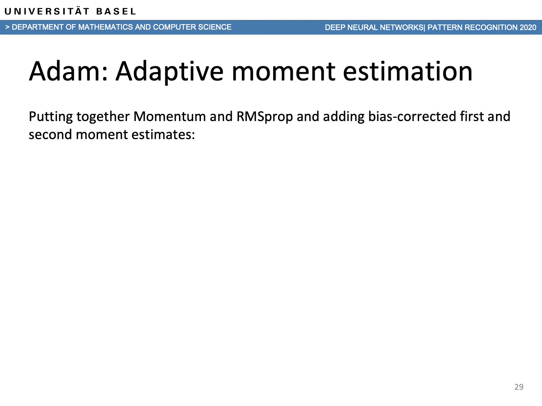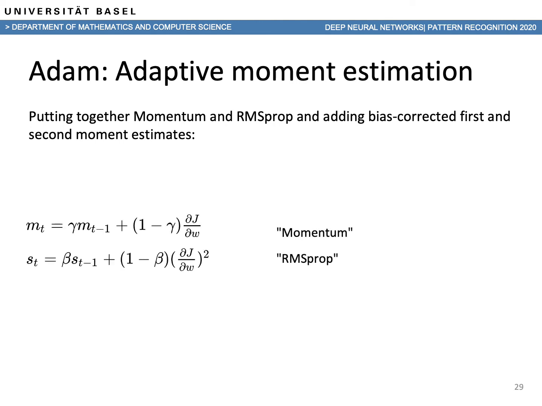Then we have Adam, which now tries to work on both the gradient and the learning rate. So it's essentially just putting together momentum and RMS prop, and it also adds some bias correction for the first and the second moment. So here we have momentum and RMS prop, and the bias correction, which you might have seen, because there could be a problem.